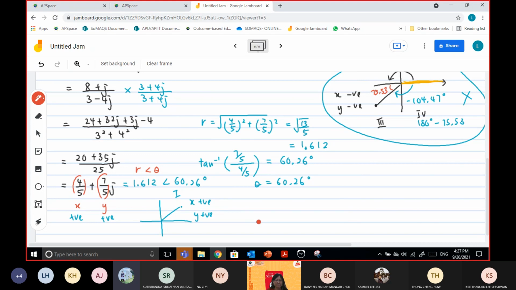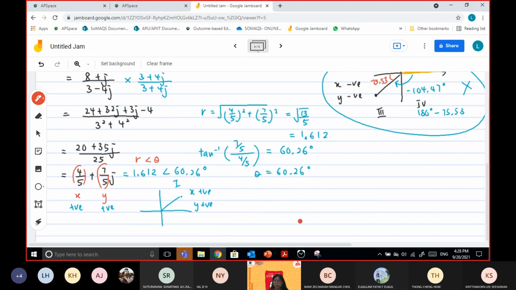Excuse me, miss. For the quadrants, in the first quadrant, x and y are positive, yeah? Okay, for the first quadrant, both x and y are positive. So you want to know how to tell which quadrant it is? Yes, miss.